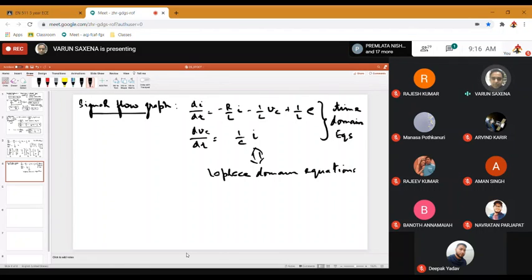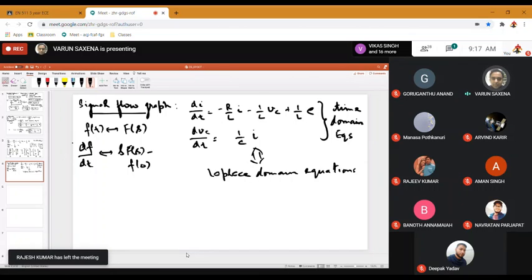Now, just for revision's sake, suppose there is a function f(t) that has a Laplace transform of capital F(s). Then if you have the quantity df by dt, its Laplace transform is given as sF(s) minus f(0), where f(0) is the initial value at t equal to 0.